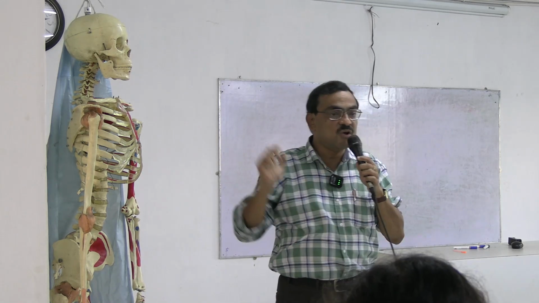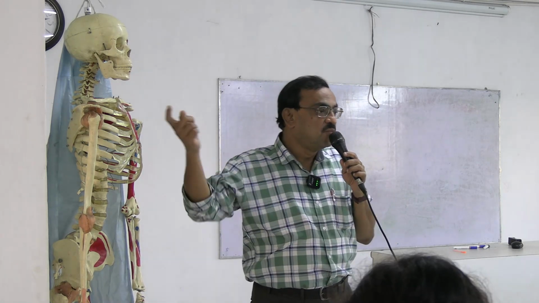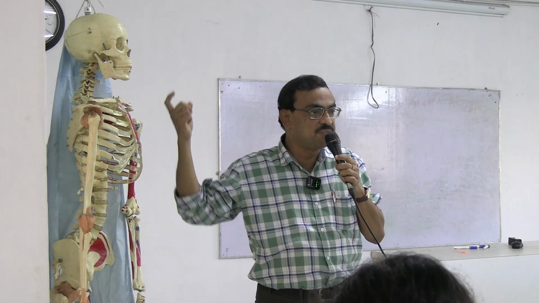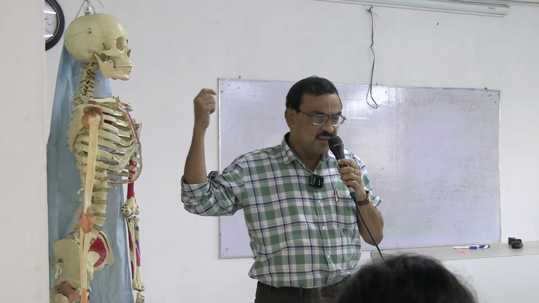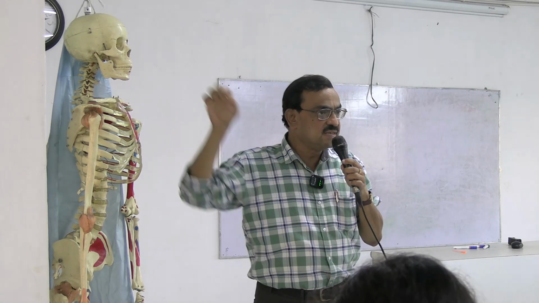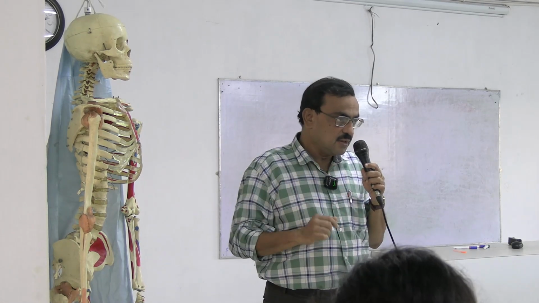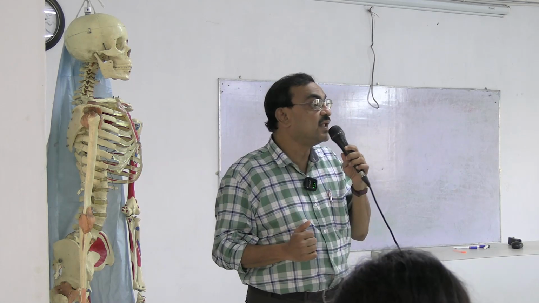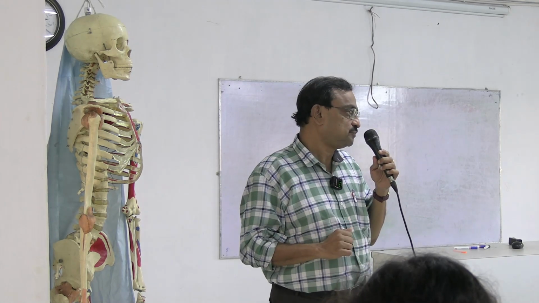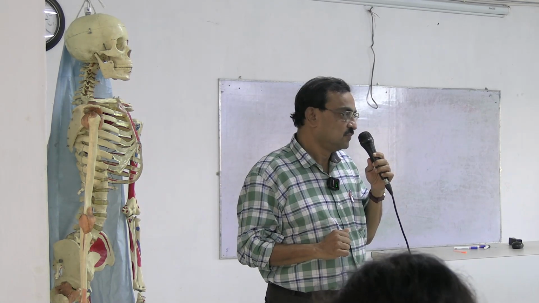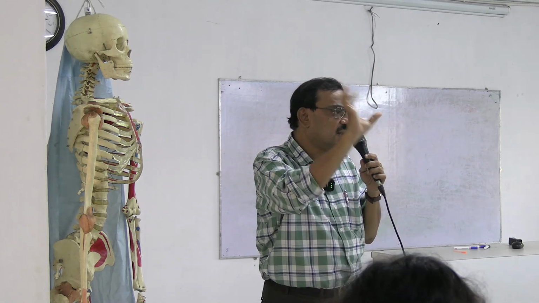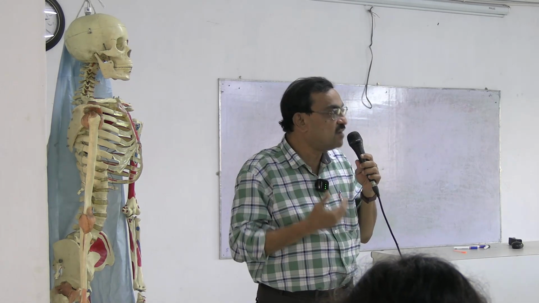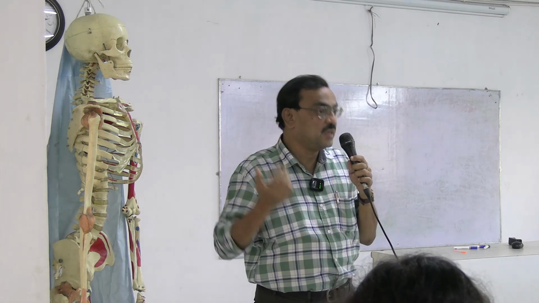Also, one nerve from the deeper plane to the superficial plane will come out and pierce this fascia, that is the lateral pectoral nerve. Just remember the nerve. Gradually we will understand from where it is coming.